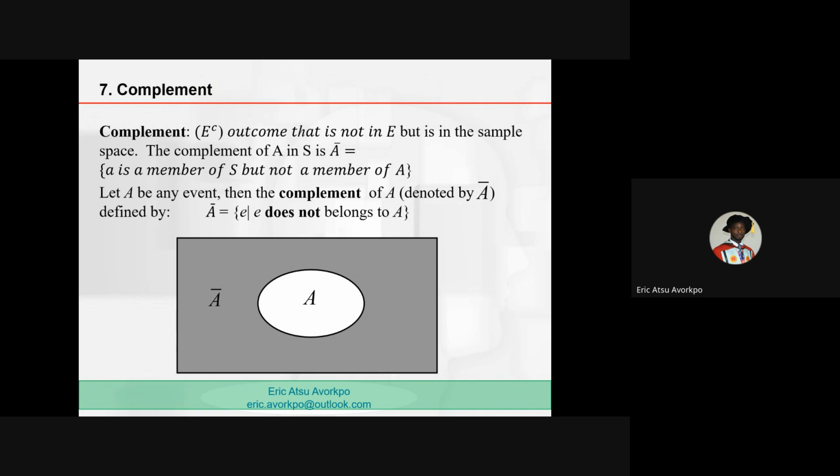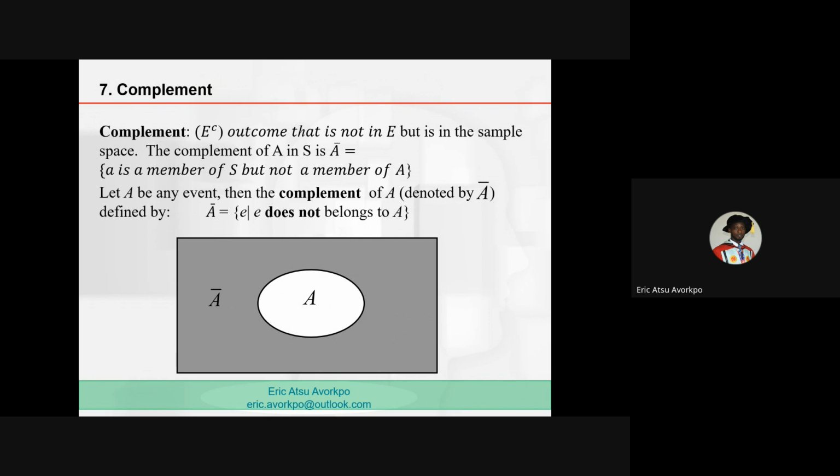So a typical example is that if I now pick an outcome to be 0, or even if I pick an outcome to be 7, you can see that when you are throwing a die, you cannot see 0 and you cannot as well see 7. So that becomes a complement. It's just adding up to the elements of that set. So the set A is a member of S, but not a member of A.